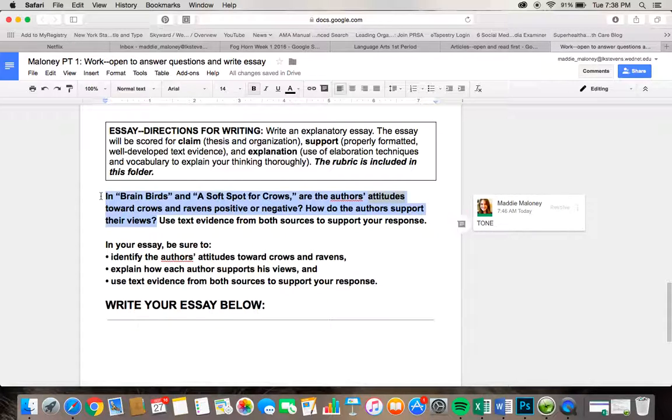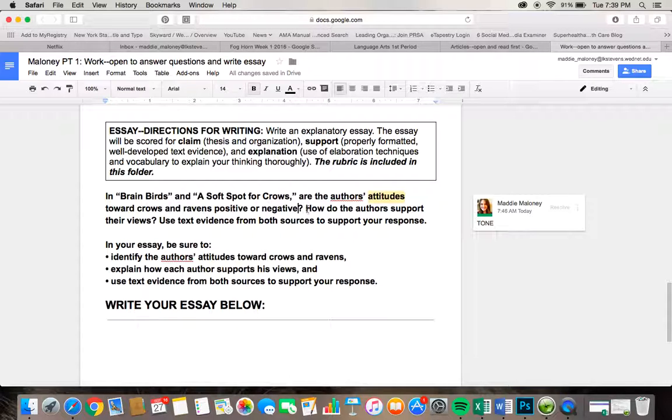Okay, you're also going to notice that this essay is asking you to do 2 different things, and the first thing is it wants you to tell your audience whether the tone is positive or negative towards the crows in both of these articles.